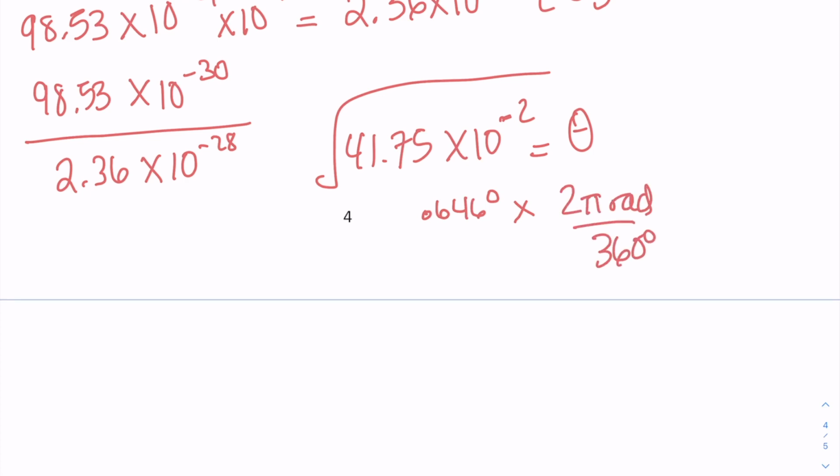Okay, so the degrees should cancel. So it should be 2 multiplied by 2 pi and then divided by 360. I'm fairly certain it shouldn't be the other way around. But that just gives you an answer that's very, very strange.